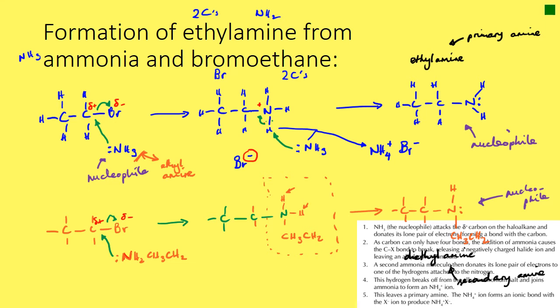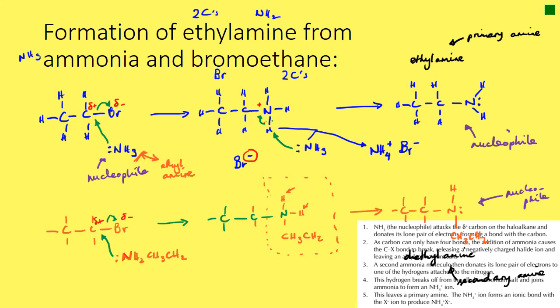Let's see if it works in brown. Okay, so we've got our, to save a bit of time, I won't draw my hydrogens. So we've got our bromoethane, and as usual we get this happening to give us a positive charge for a nucleophile to be attracted to, right? But oops, let's go back to brown.